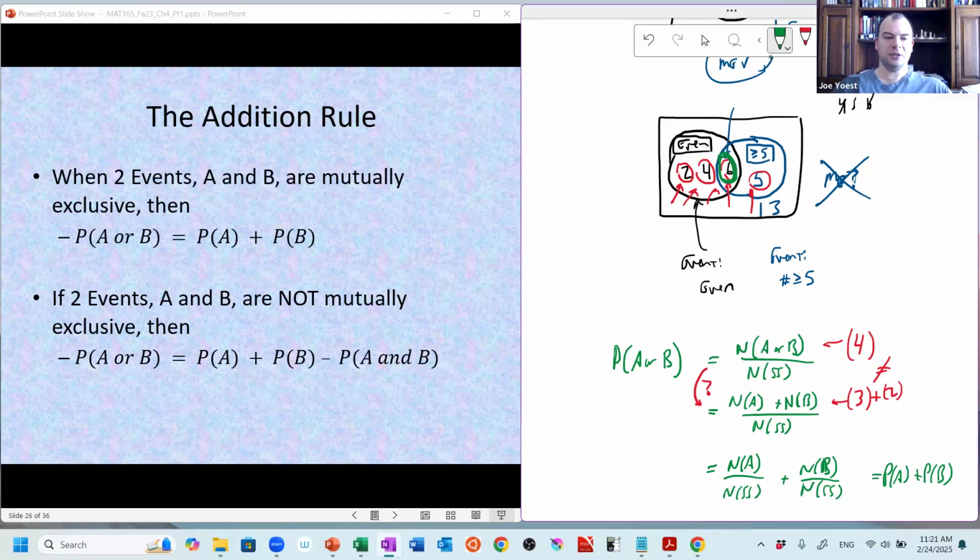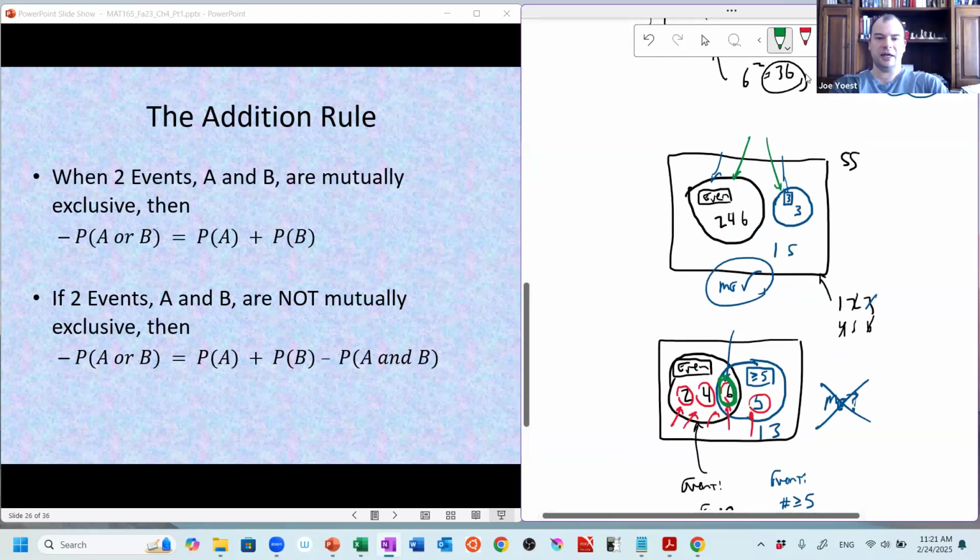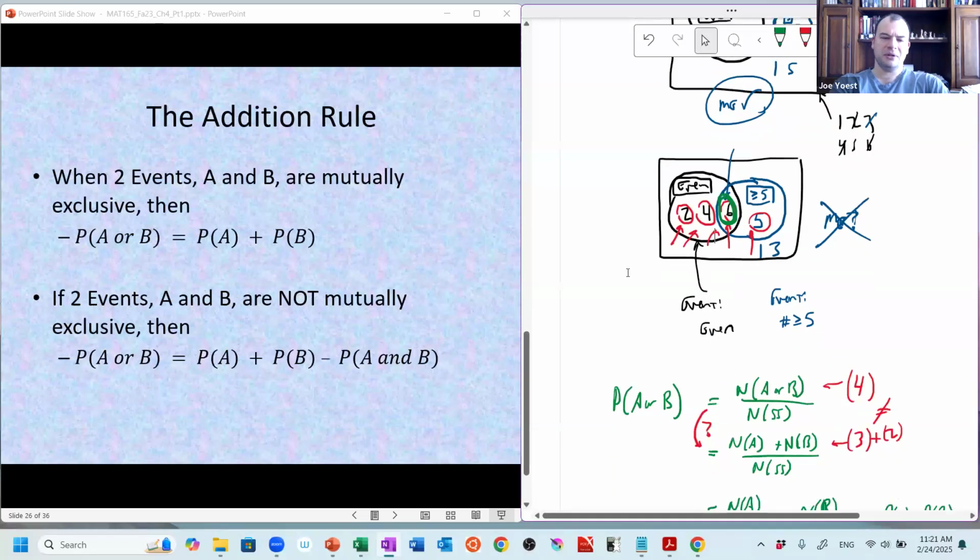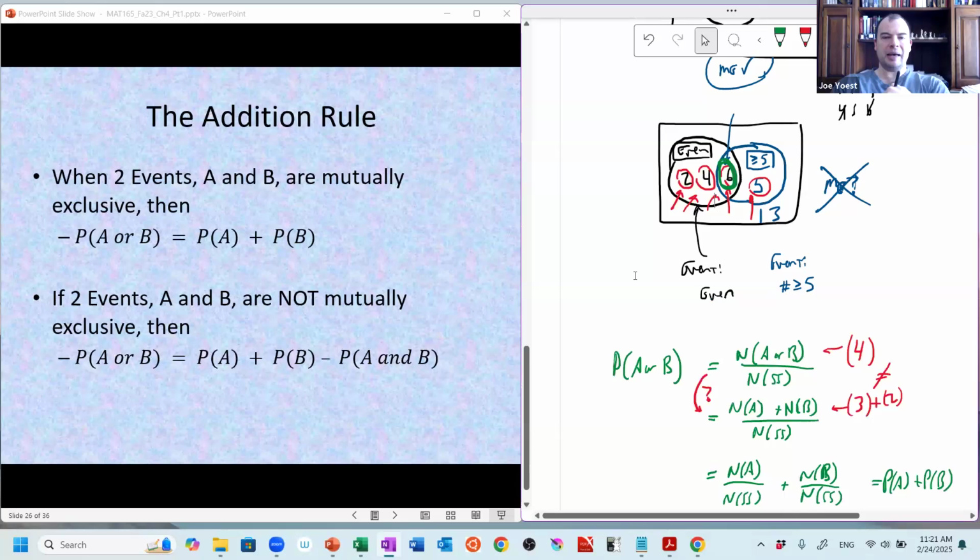So if my events are mutually exclusive, I don't overcount anything because there are no shared events to overcount. But if they're not mutually exclusive, that overlap, the intersection between those two events, or the outcomes that are in both A and B get overcounted one too many times. They get counted twice instead of once. And so then we have to correct by subtracting them off once.